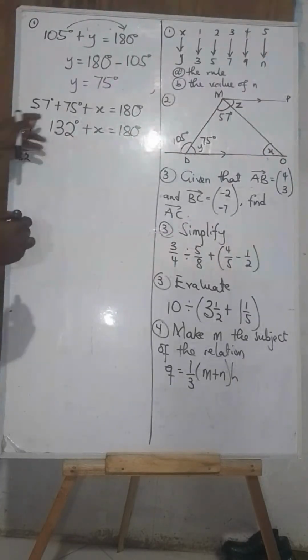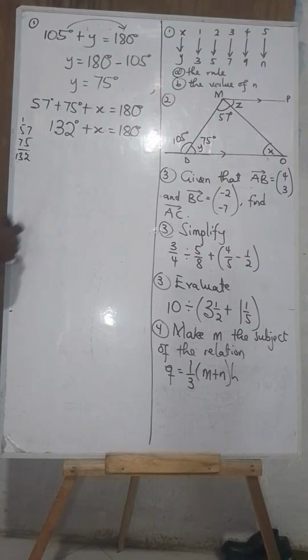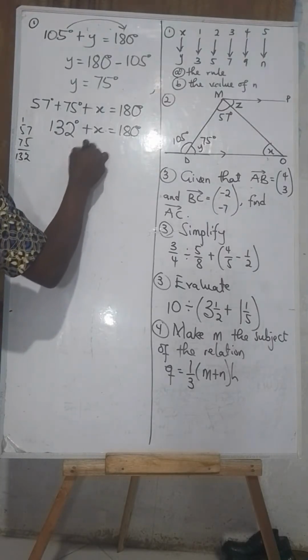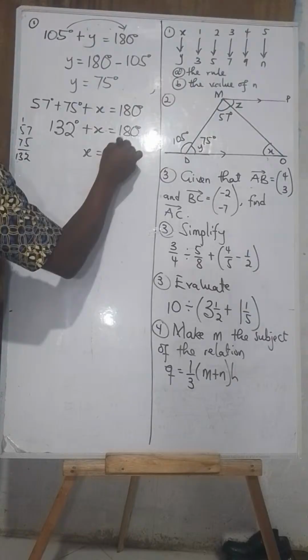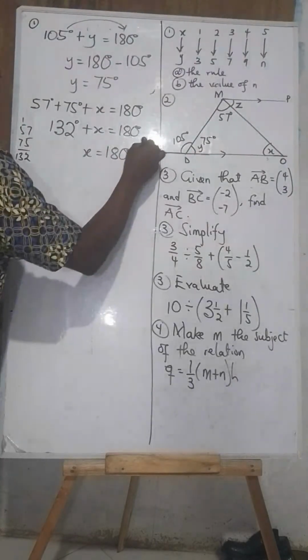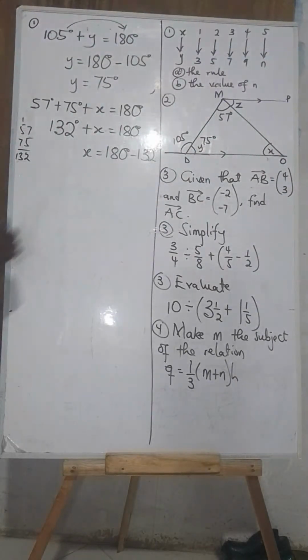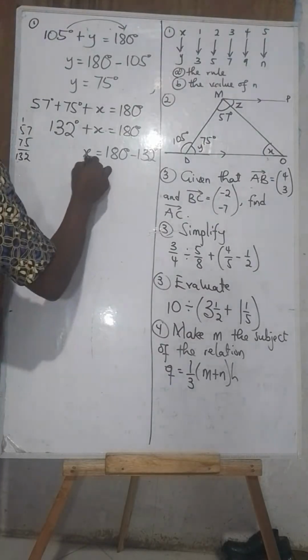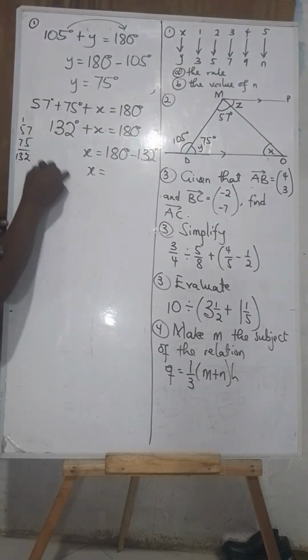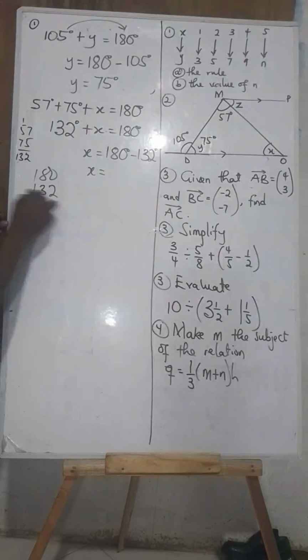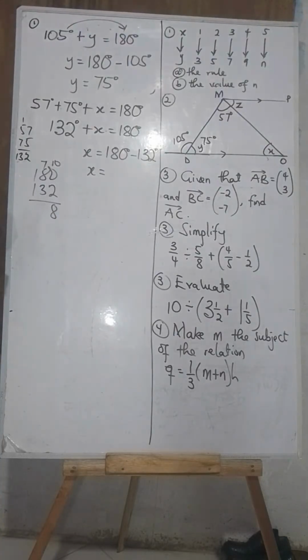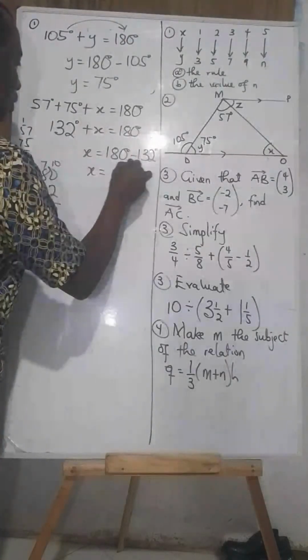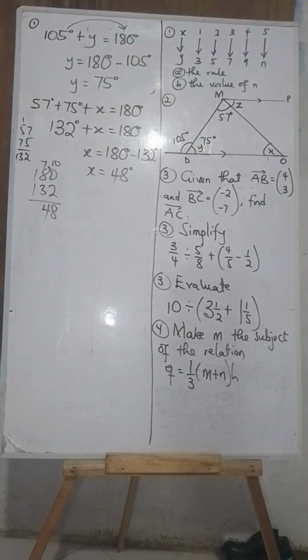From here we have x equals 180 degrees minus 132 degrees. So that will give us 48 degrees. I hope the x also is very simple.